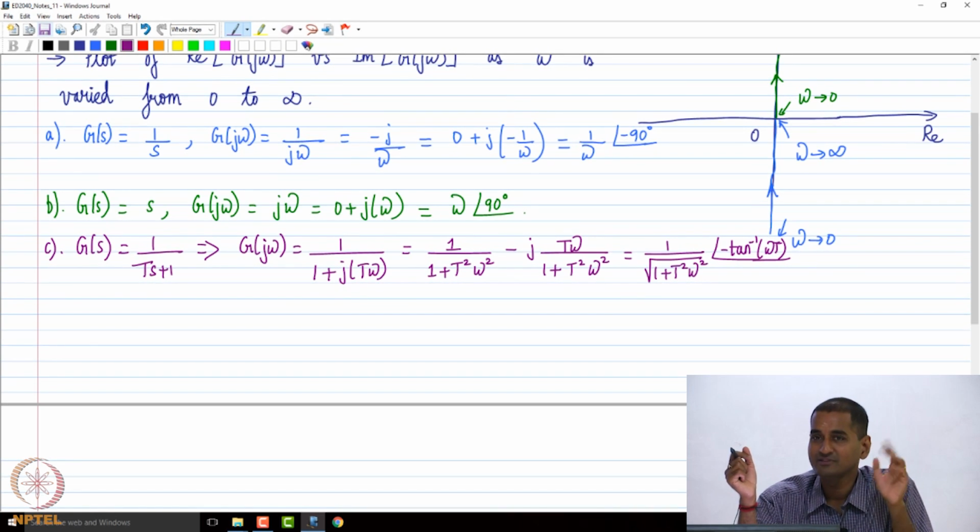So the technique was straightforward, though we need to be careful in plotting the individual factors of the Bode diagram. But in the Nyquist plot, we don't have that luxury, right? You give me a higher order transfer function, and I need to plot it as it is, so it becomes a little bit more challenging to do by hand.